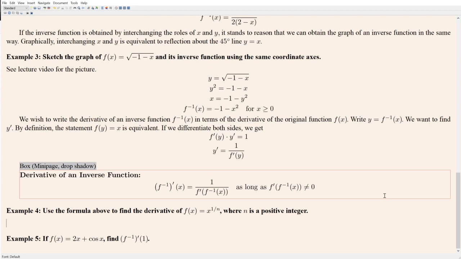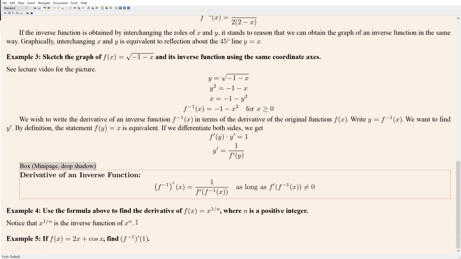So first off, why is this applicable? Well, that's because the root functions are inverses of the power functions. Notice that x to the 1 over n is the inverse function of x to the n.